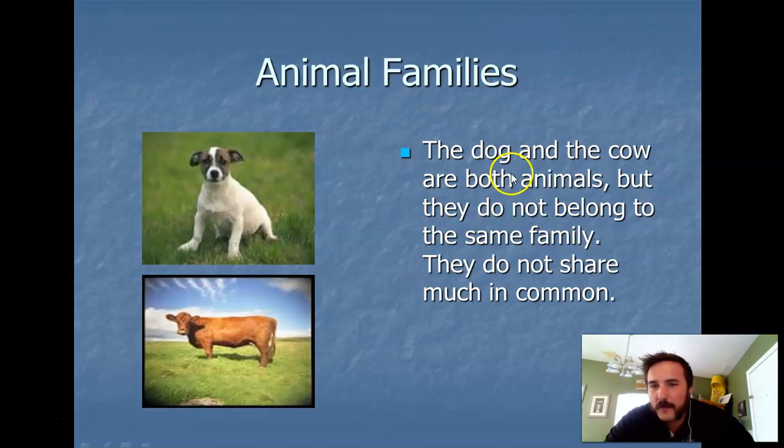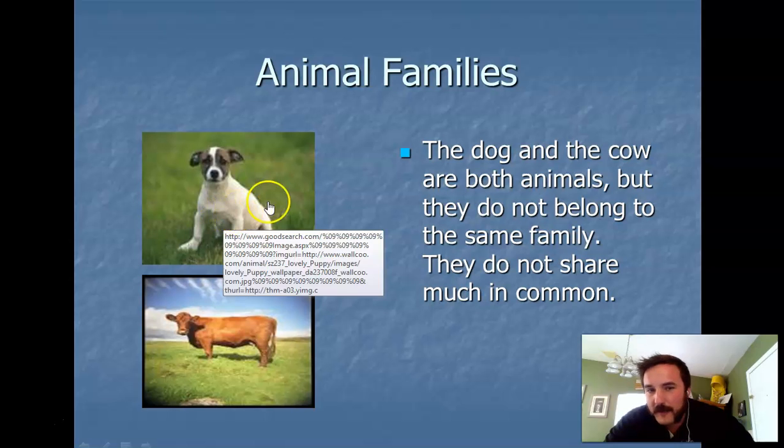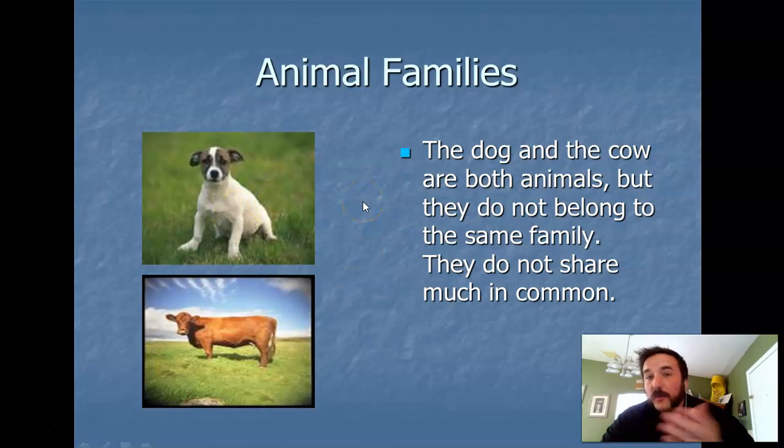Here's one I hope you understand that do not belong in the same family. A doggy has a lot more in common with a wolf. They're part of the canine family. Yes, with a cow, comparing a dog and a cow, they're both alive, they both have 4 legs, they both have ears, they both have a tail, but they don't have enough in common that you put them in the same family.